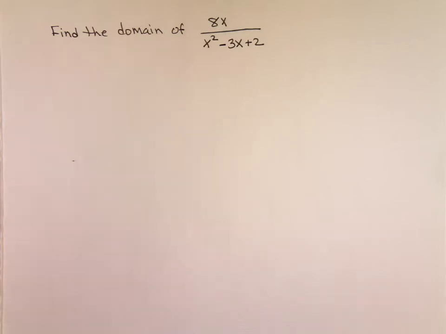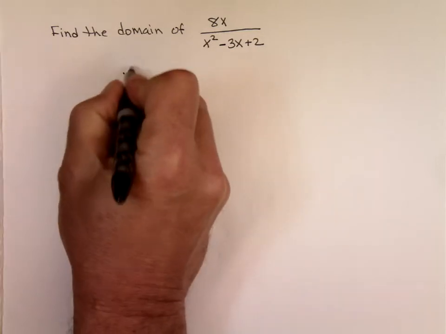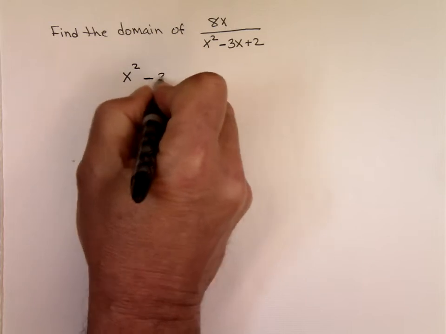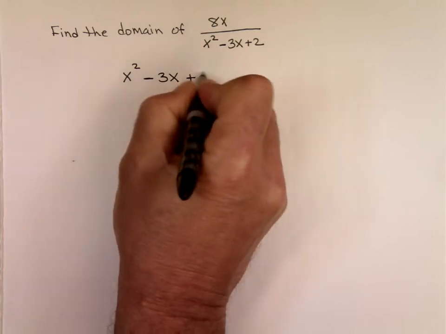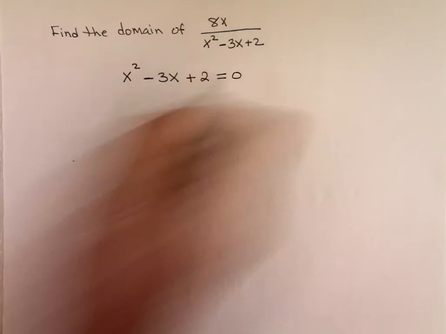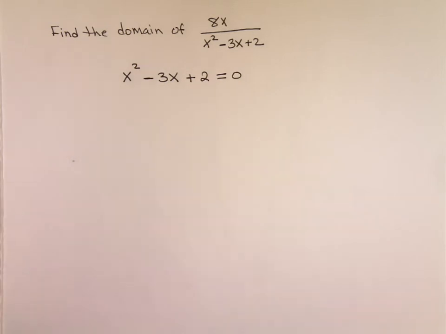Remember, I said I need to find out what value or values, it might be more than one, will make the bottom 0. So let me take the denominator here and find out what the values are that will make it 0.